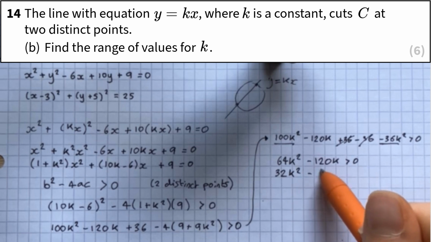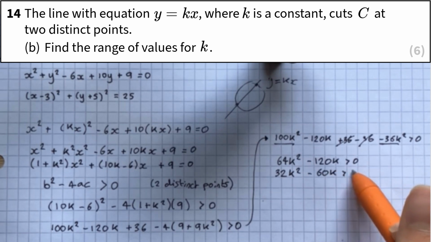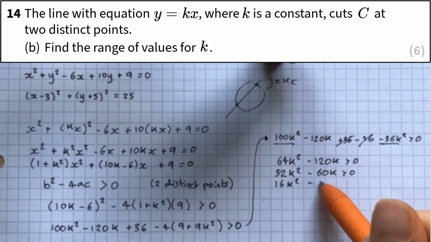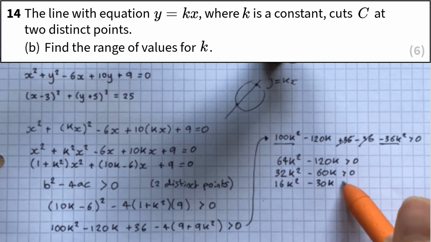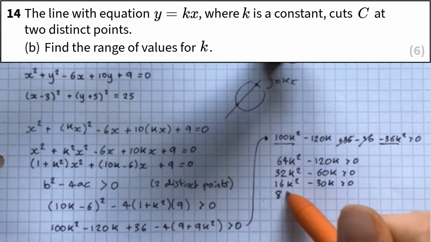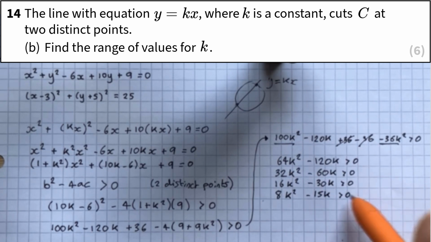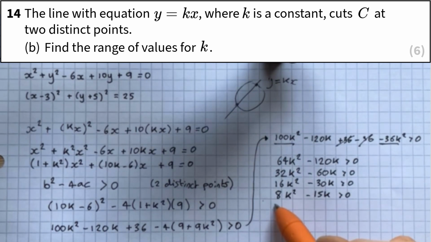You can factorize straight away, or you can divide, completely up to you. I'll divide to get rid of some of these terms. And once we can't simplify anymore, now I'm going to factorize. So k on the outside, 8k minus 15 in the middle. Now you can't just say that k is bigger than 0 and 8k minus 15 is bigger than 0.